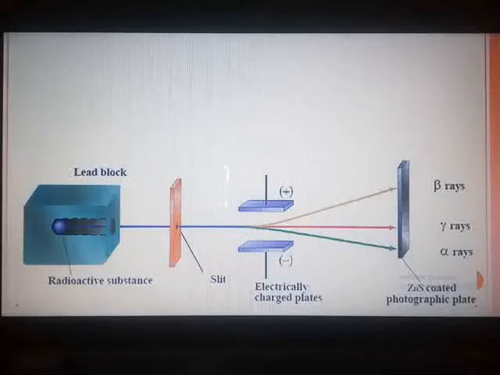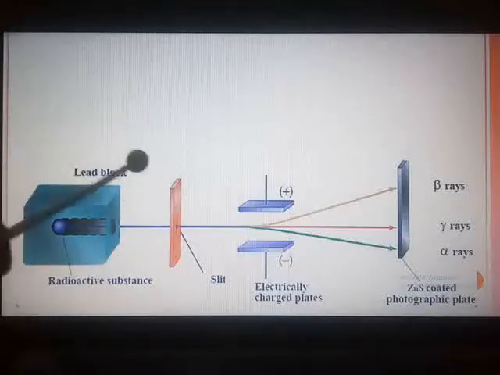So Rutherford and Willard studied the radiation which is emitted by the radioactive substances, and particularly for this purpose, they allowed the rays to pass through an electrical field and a photographic plate was held in their path. You can see here.